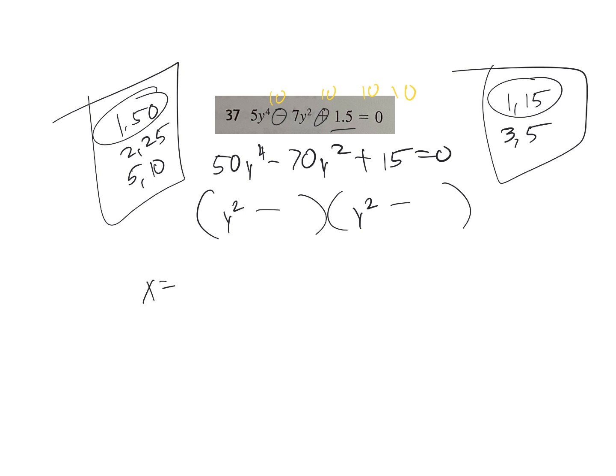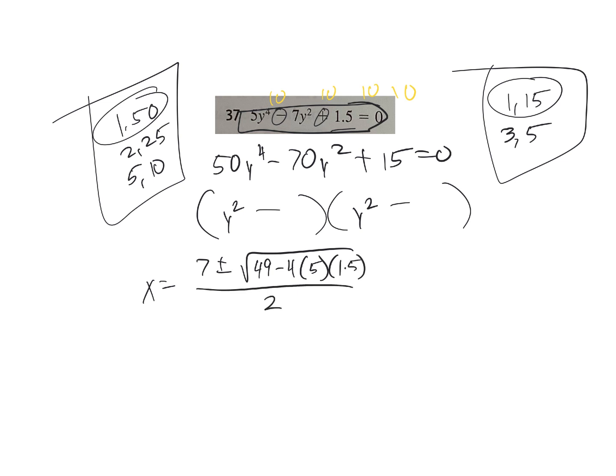So x equals minus b. We're going to use the top answer here. It'd be 7 plus or minus square root of b squared minus 4 times a times c all over 2 times a. 7 plus or minus 4 times 5 is 20. And what we have there, 20 times 1.5 is the same thing as 20 times 1 plus the 0.5.